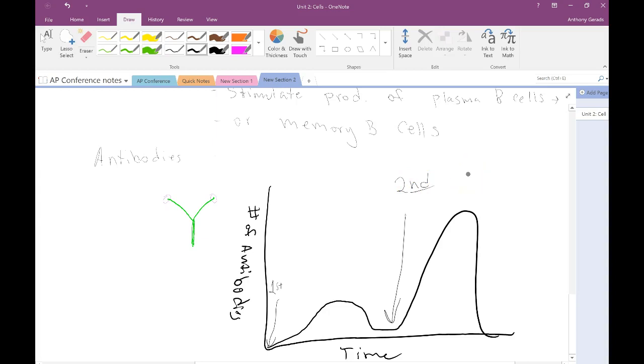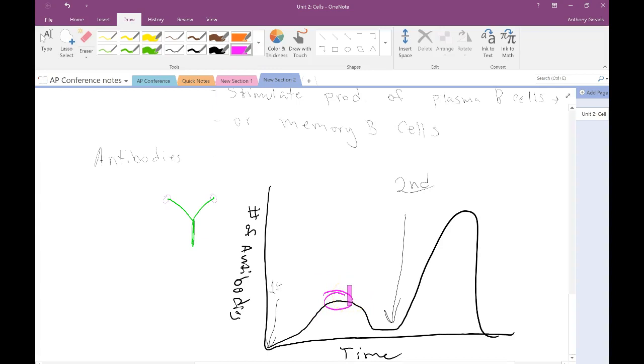What's going on here? I can make way more antibodies way faster because I remember how to do it. The very first time, it took me a long time to make my maximum cap of antibodies, which was right here. That's my peak.